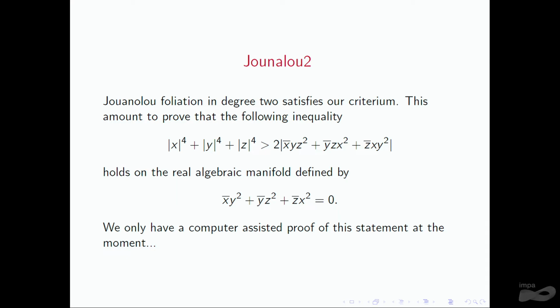So in fact, to prove that Jouanolou in degree 2 satisfies our criterion amounts to proving that you have this first inequality, which is an algebraic inequality of degree 4, on this real algebraic manifold of P2. In fact, this real algebraic manifold is what is called a mixed curve, because it is defined by a polynomial in the holomorphic variables x, y, z, and also their conjugates.